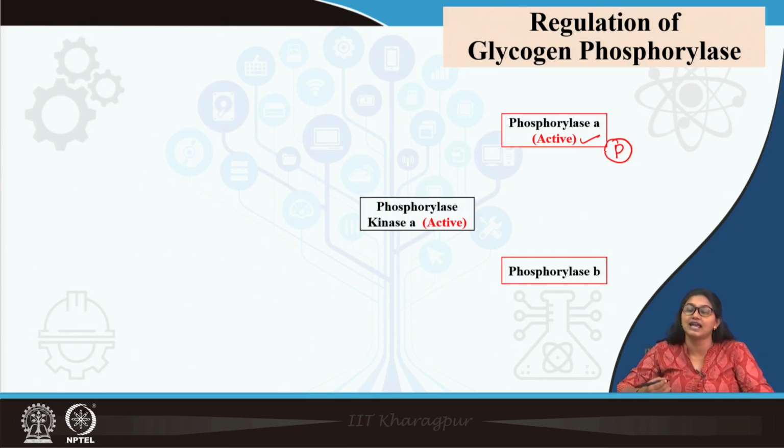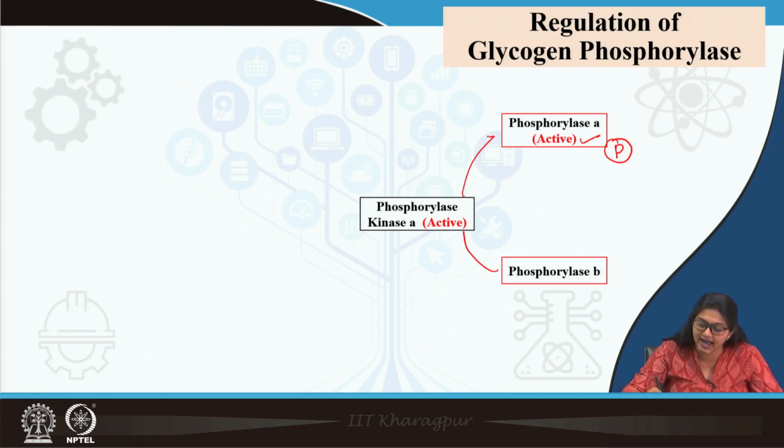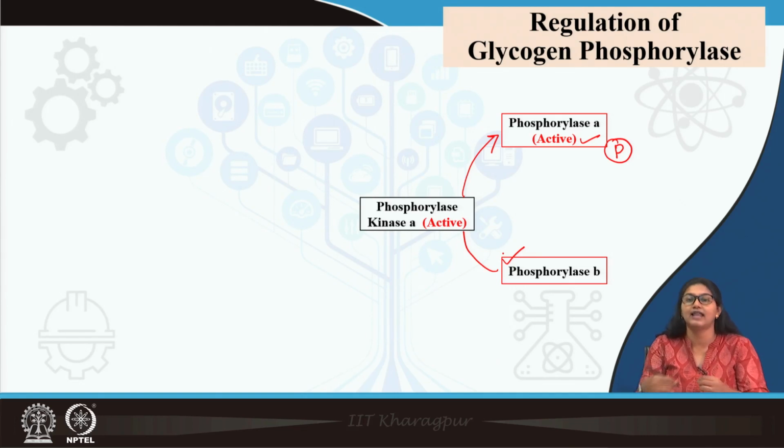Phosphorylase kinase A phosphorylates phosphorylase B to form the active phosphorylase. These terms are quite jargon, but remember that phosphorylase A is the active form and that activation is done by phosphorylation with the help of a kinase.